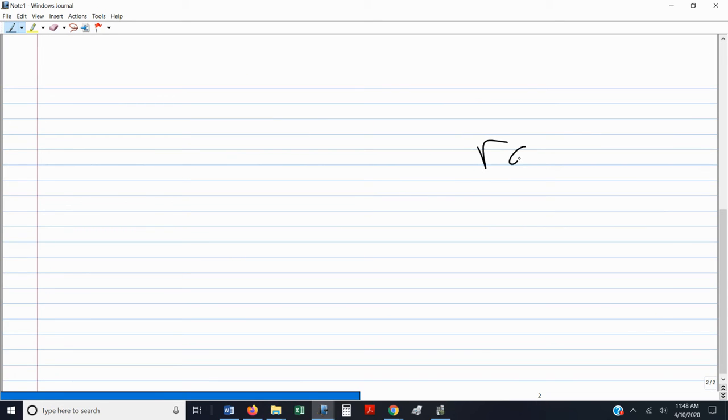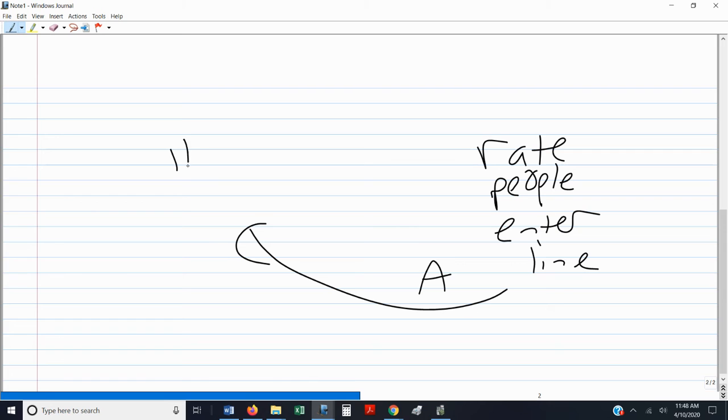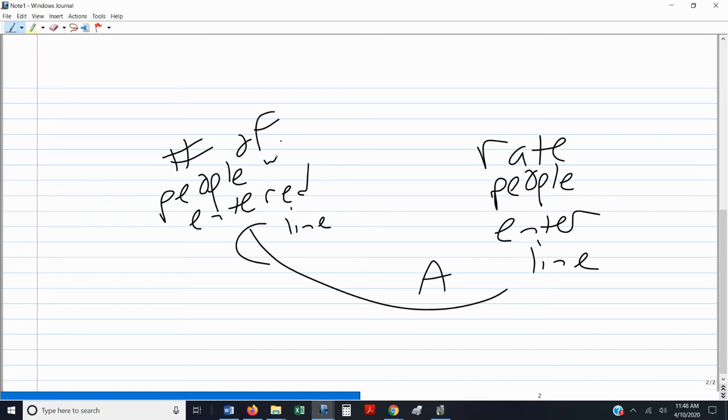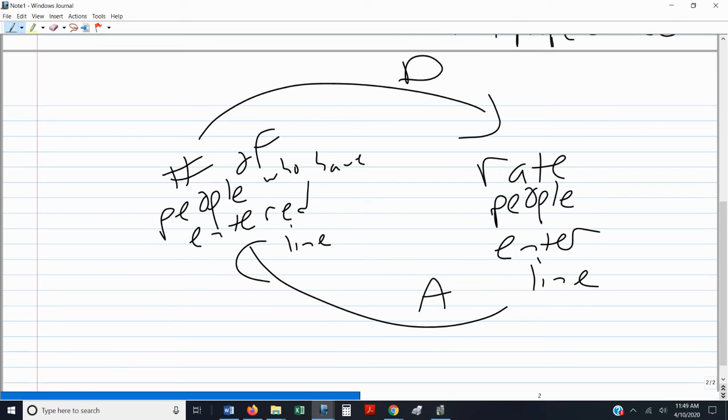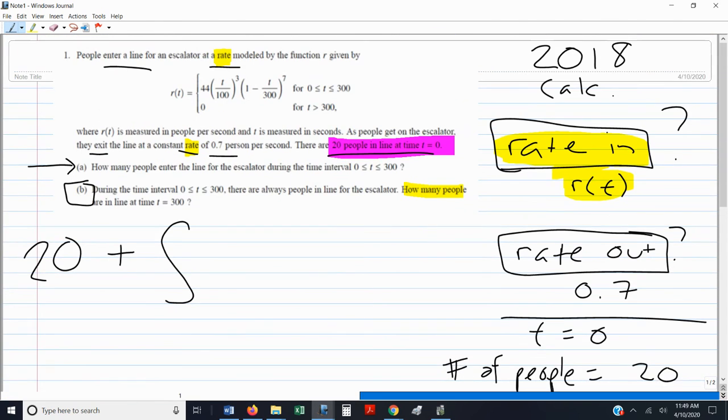So remember, if you're given the rate people are entering the line, taking the antiderivative is going to give you the number of people who have entered the line. When you take a derivative, then it becomes a rate of change of people entering the line. Antiderivative gives you that total accumulation, or just total number of people who have entered the line. So the people entering the line are getting a plus sign because they're getting in line, and we're going 0 to 300 r of t.